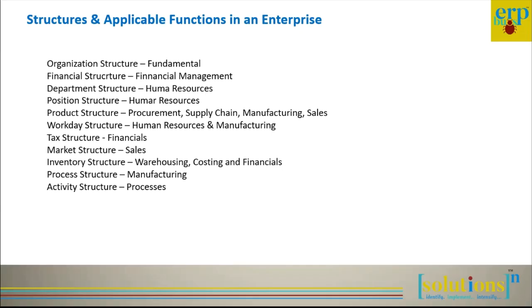So from this class onwards, all the sessions will be related to Fusion and the functions of Fusion. Next session, we will see how the organization structure and financial structure are designed and how we can implement that in Fusion.